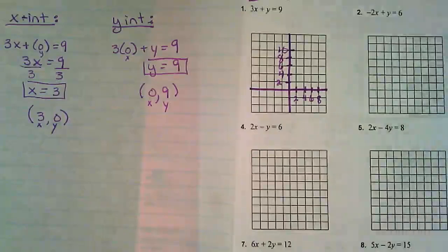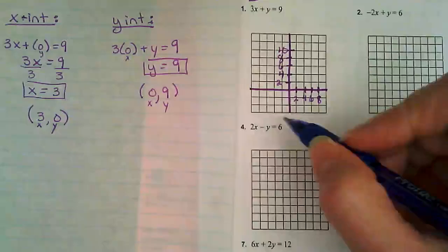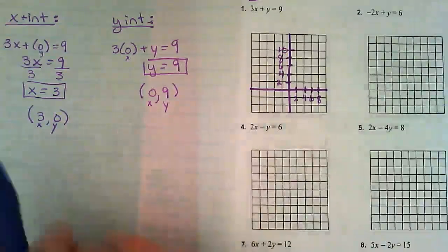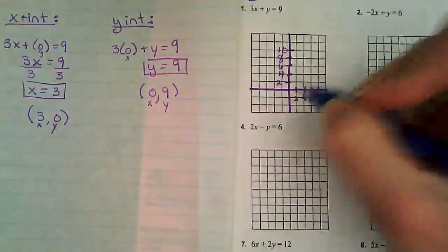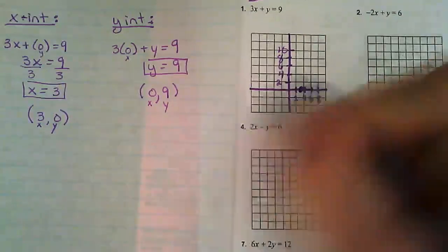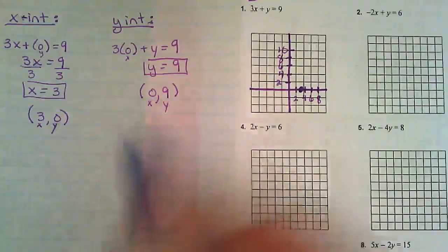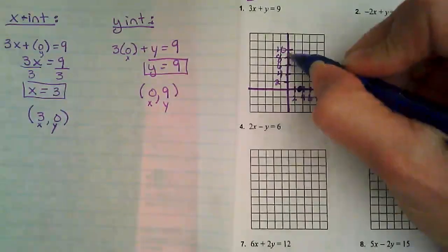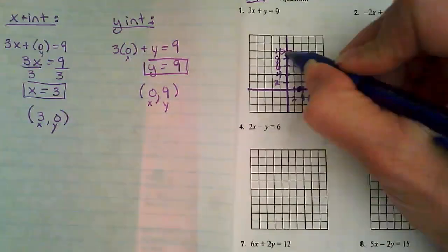Okay, so I have enough room here, and now I'm going to put my points on there. So I have a point at 3, 0, which is going to be in between 2 and 4. And then I have a point at 0, 9, which is going to count up, and it's going to be between 8 and 10.